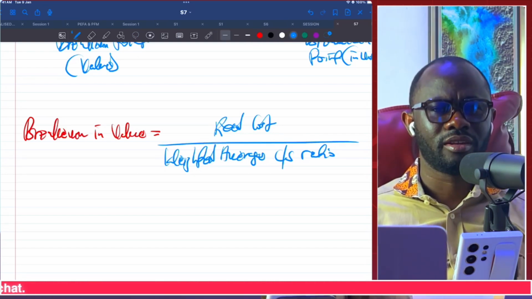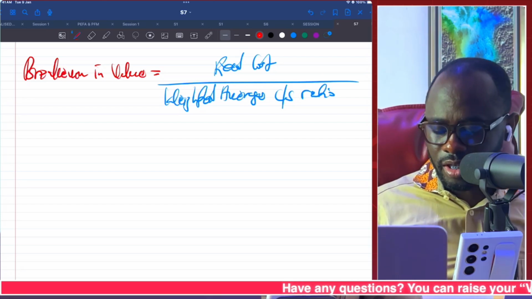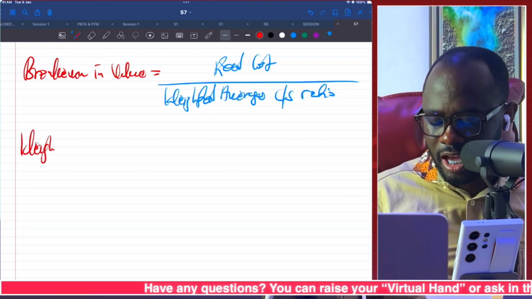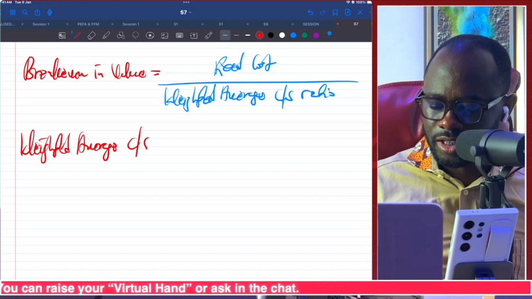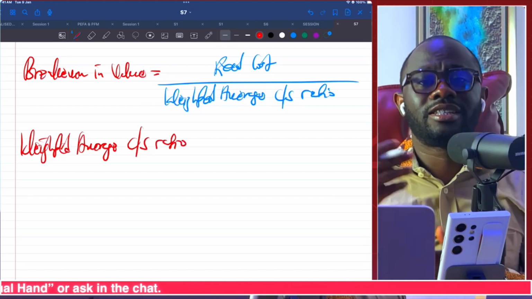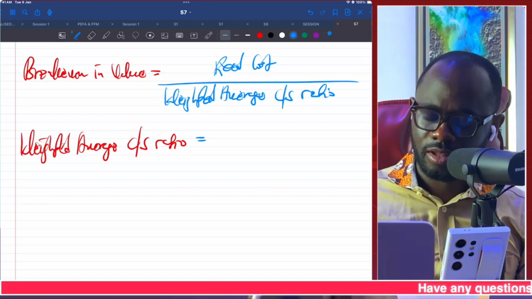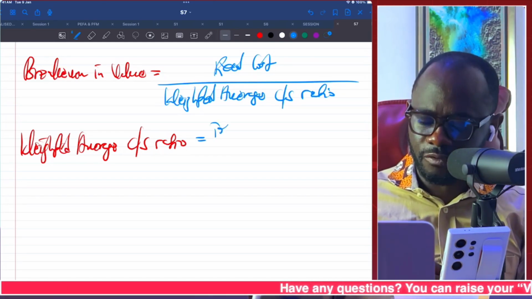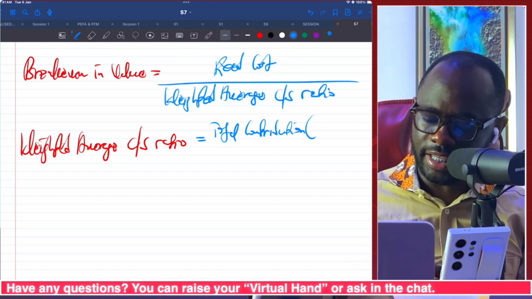What does that mean? It means that in a multiple product environment, we have to calculate the weighted average CS ratio. It's simple. The weighted average CS ratio is simply your total contribution from all products in the question.